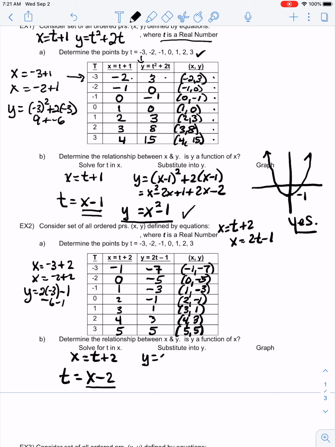So we'll have 2 times x minus 2, the quantity, minus 1. So 2x minus 4 minus 1 is going to give us 2x minus 5. Okay, and then if we were to create a graph over here, we're going to be down here 5. Okay, so down 5, your slope is up 2 over 1.